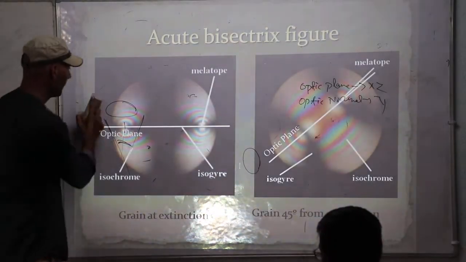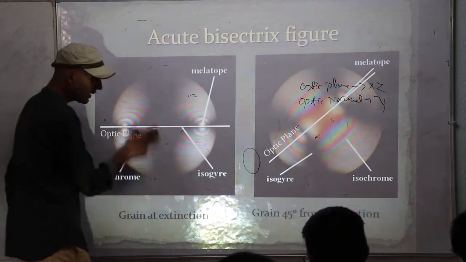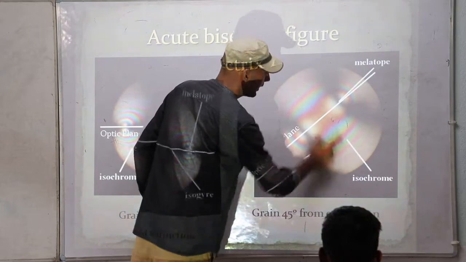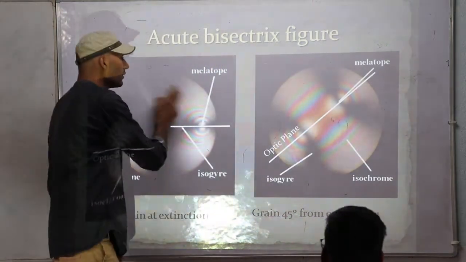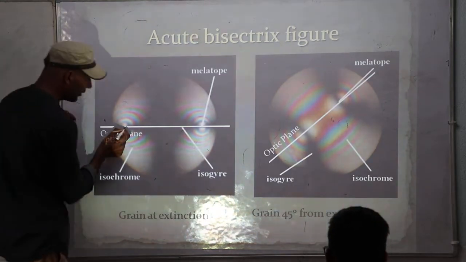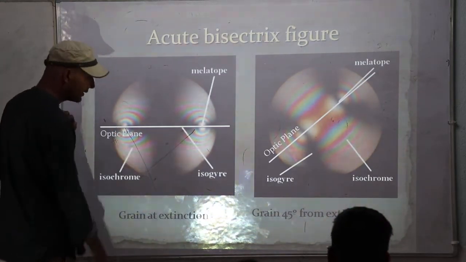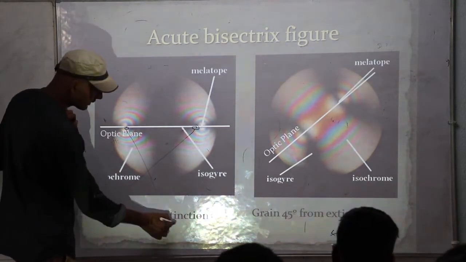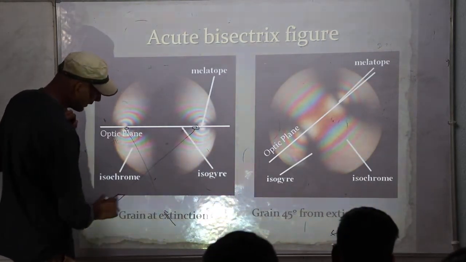So you can see here, because there are two optic axes, there are 2 points of zero retardation, right? One is like this, one is like this, so there are 2 points of zero retardation, where light rays will move parallel like this and like this.